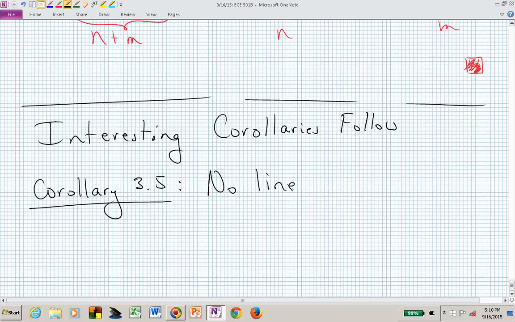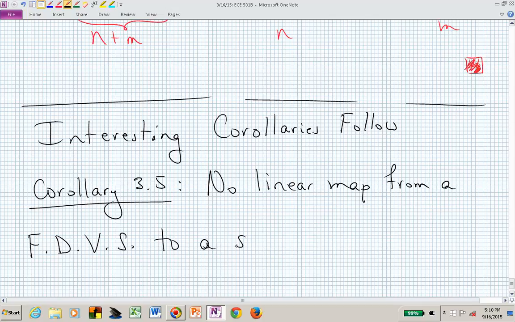No linear map, and again, remember, we're tweeting, so no linear map from an FDVS, finite dimensional vector space, to a smaller finite dimensional vector space.